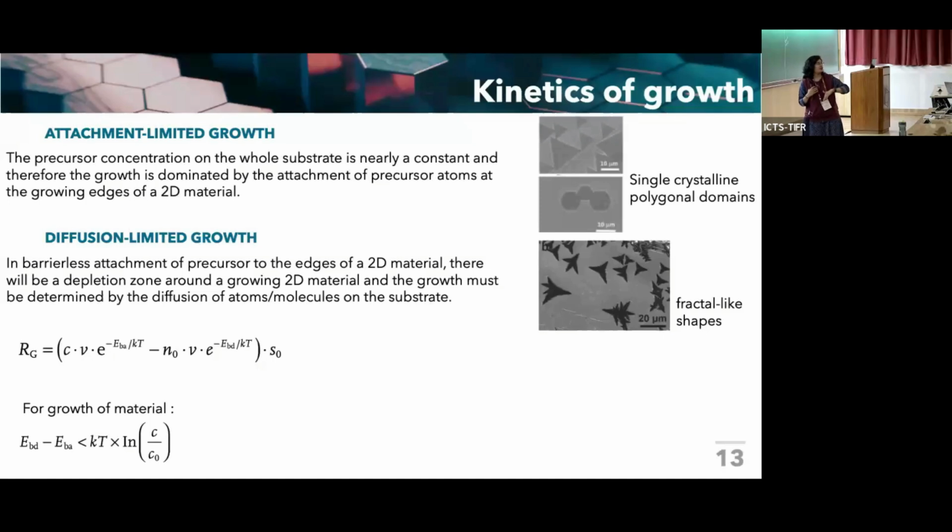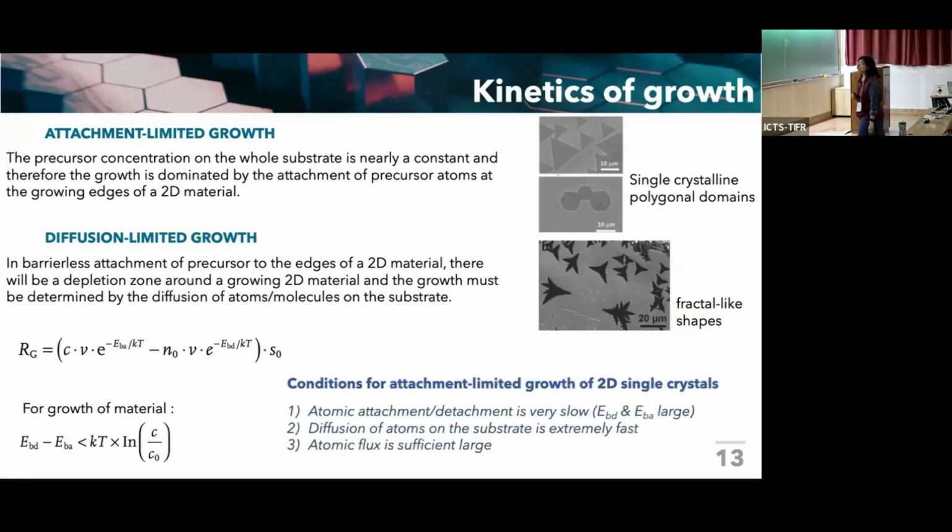You can either have precursors attaching, or you can have the precursors detaching from the substrate. So this is basically a competition between these, and if you want a good growth of the material, then this energy difference between the detachment and the attachment should be less than kT log C by C naught. Here C is the concentration of the precursors at the edges, and C naught is the equilibrium concentration of precursors on the substrate. So this is a condition for the growth of the material.